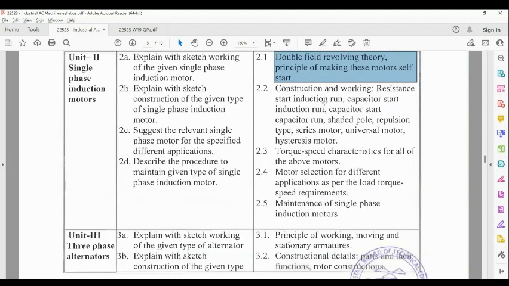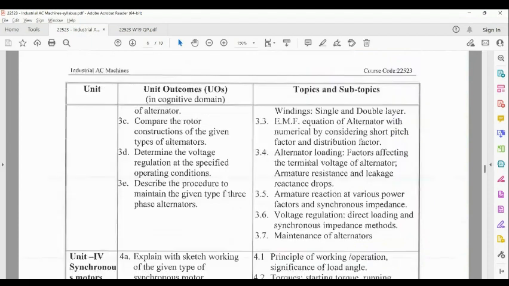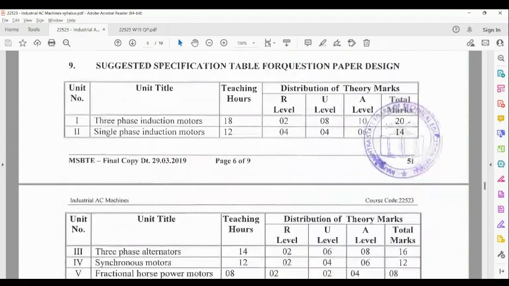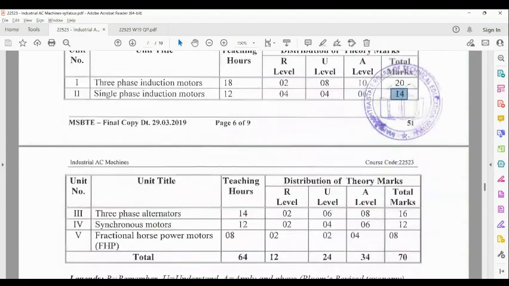Okay, so if you concentrate on the second and last unit, that is 14 and 8 marks, so you will nearly score 14 plus 8, that is near about 22 marks.